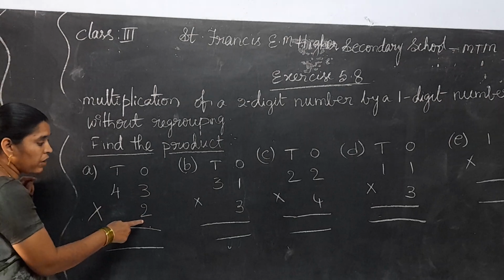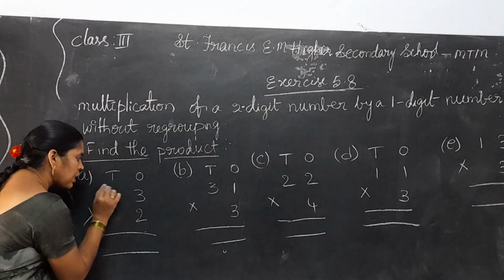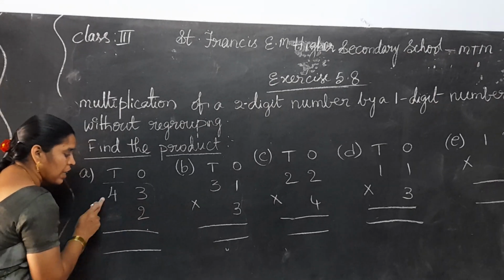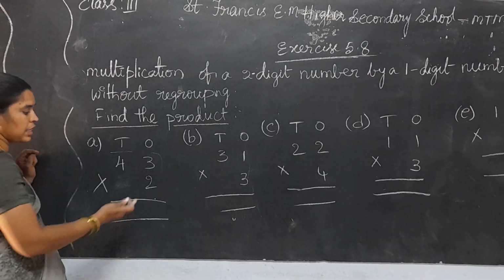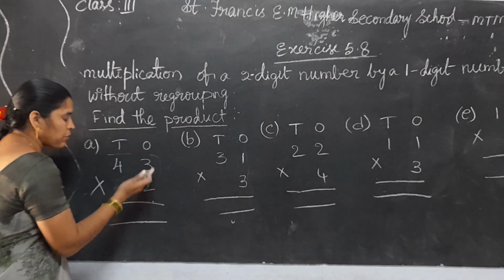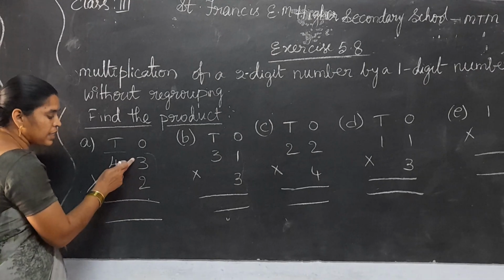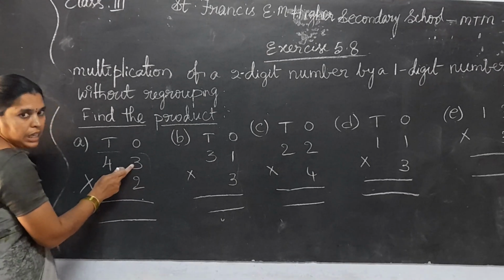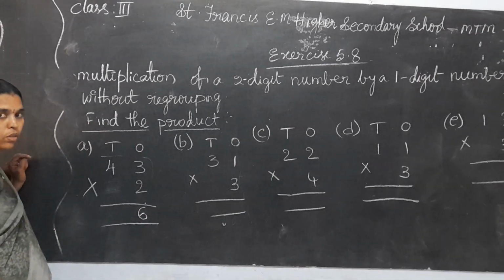You know 2 table very well. 2 3s are 6. This is 10's place digit and 1's place digit. Start from right side. Do multiplication from right to left. And we are going to multiply 1's place digit by 2. 2 3s are 6. That you should write in the 1's place. Okay children.